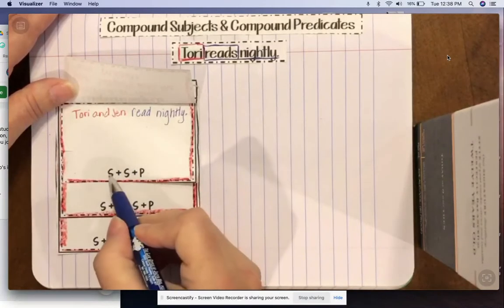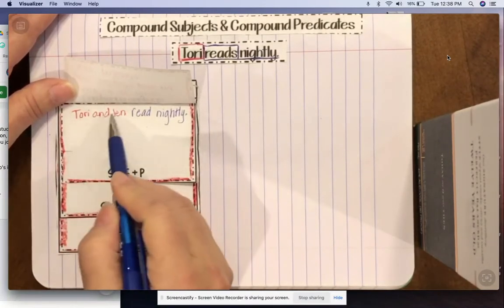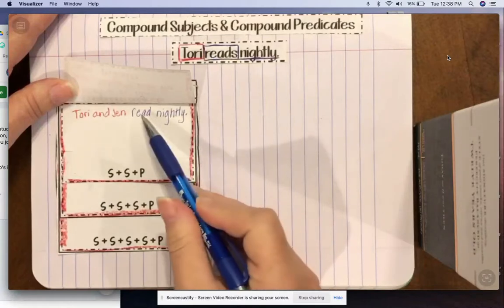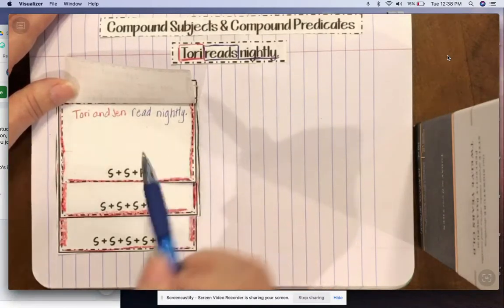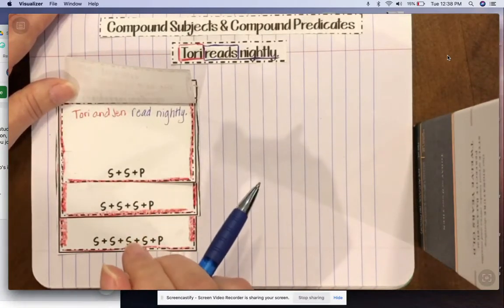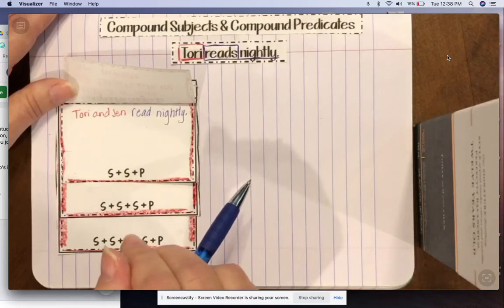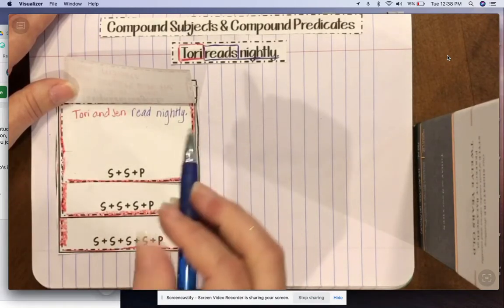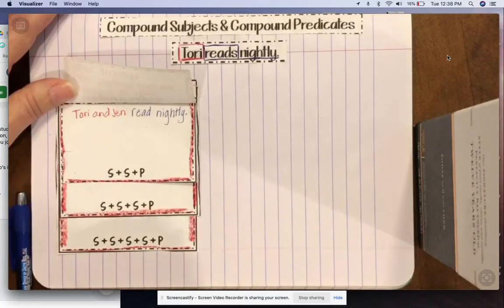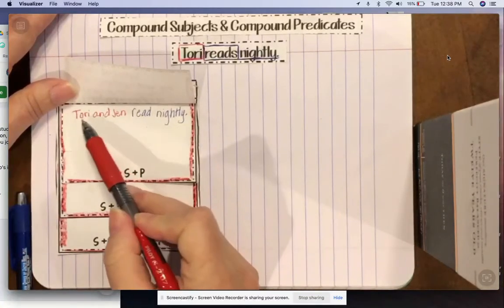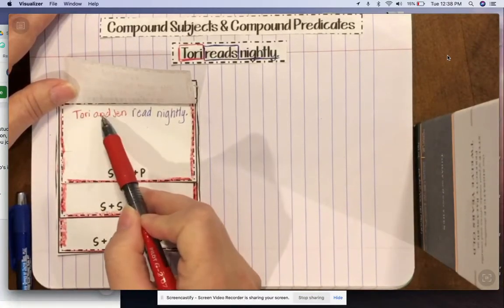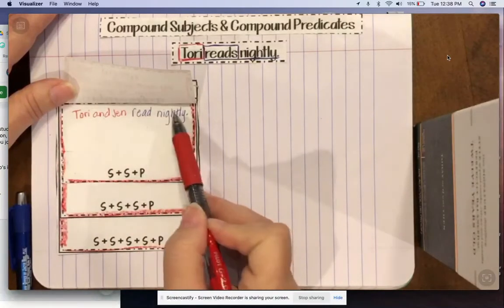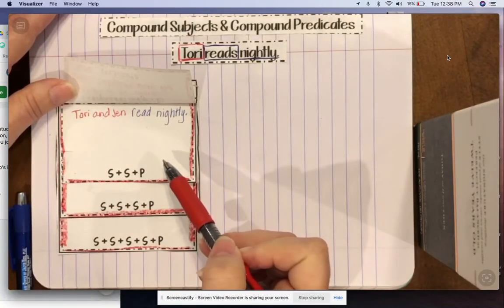Okay, but I have a subject plus a subject, Tori and Jen, plus a predicate, read nightly. So now I have two people that are doing the same action. Does that make sense? That's what a compound subject is. Remember our fanboys? I combined two people together with a fanboy and then added my predicate to the end.